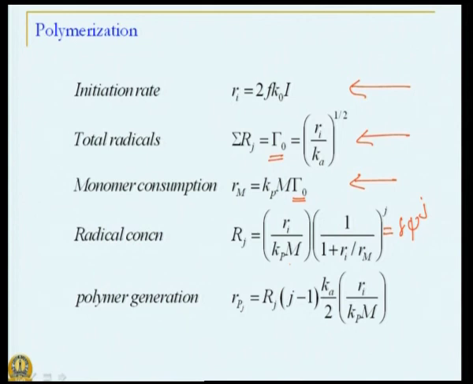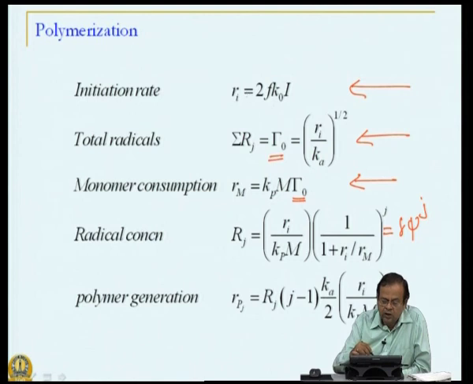Now, if we look at the structure of this, we notice the following. The importance of initiator, for example. If initiator is not there, I is 0, then it turns out that all these rates go to 0. That is, if initiation rate is 0, then total radical concentration is 0, monomer consumption is 0, individual radical concentration is 0, polymer generation rate is 0.